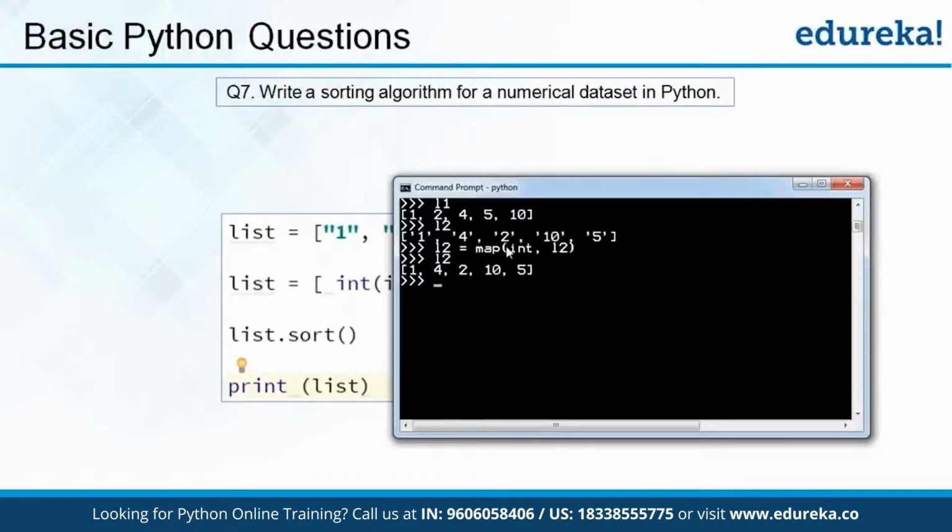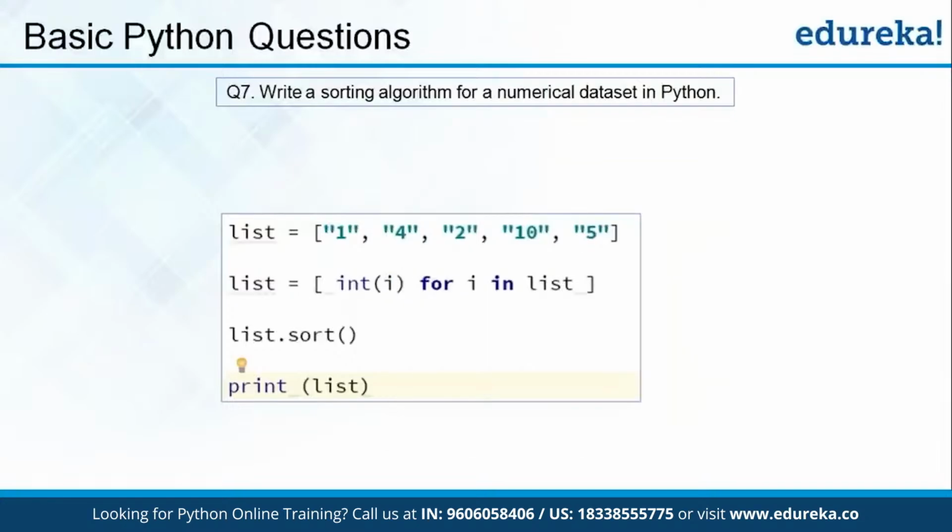Map of int comma L2, where L2 is 1, 4, 2, 4, 1, and L2.sort will give you the sorted items. So there are two ways of doing it. Map takes any function and maps it to a particular list of items. Are you all clear? Does that answer all your questions?